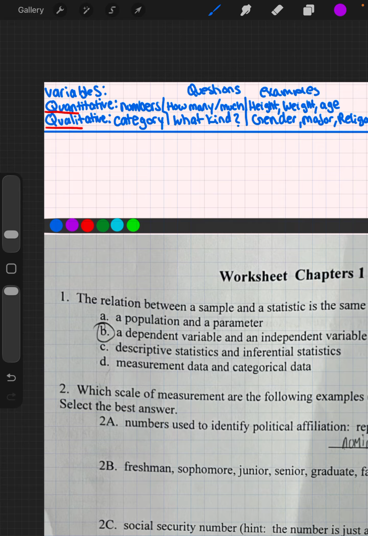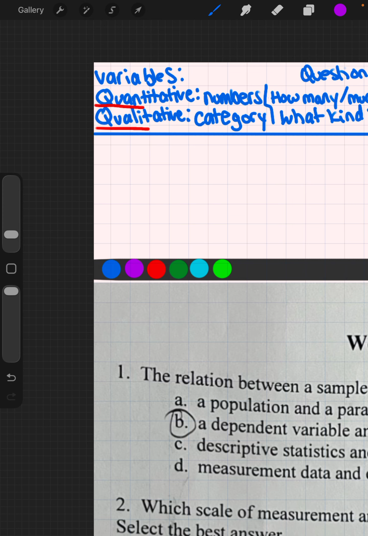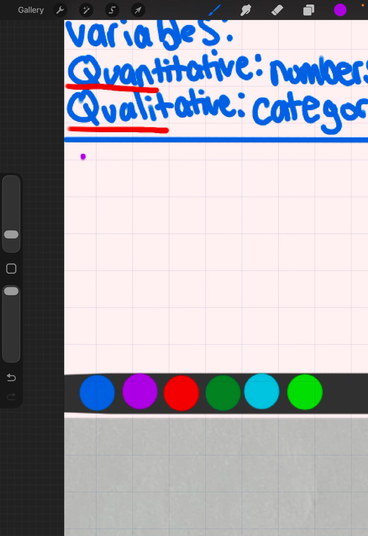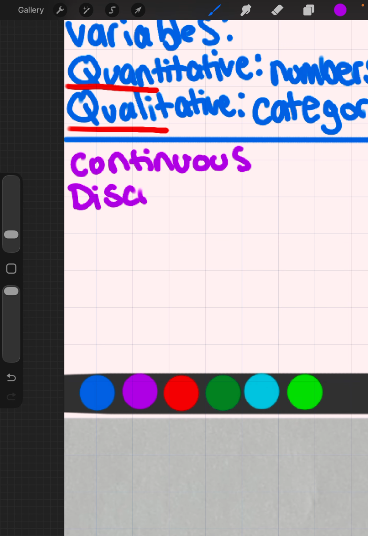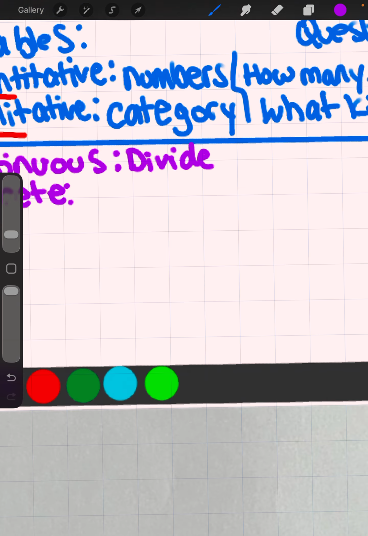Next thing we're going to talk about is continuous versus discrete. So, a continuous is something you can divide over and over. It's dividable.